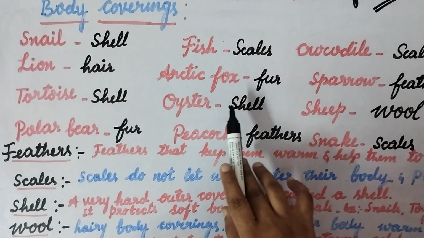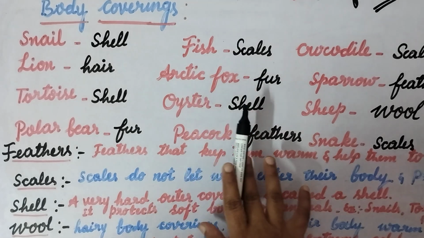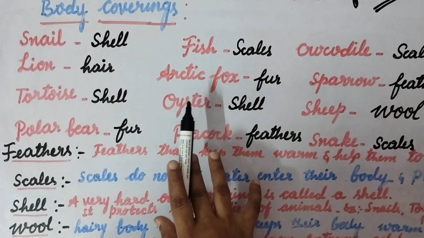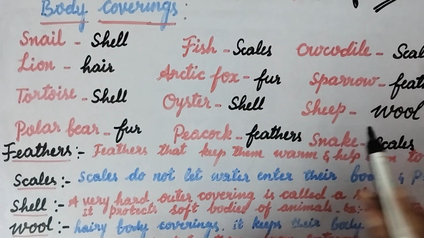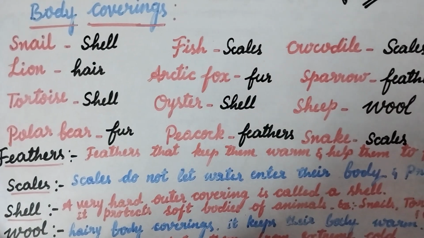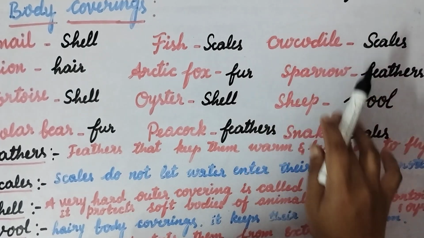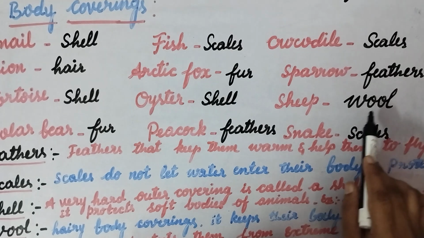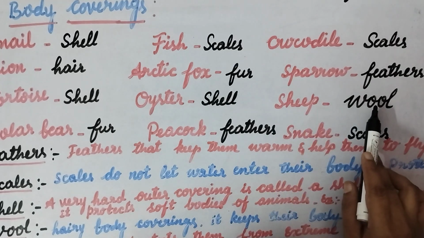Then oyster, also an aquatic animal. The body of the oyster is covered by a shell. Next is a sheep. Children, we know that the body of the sheep is fully covered with wool. The body covering of the sheep is wool.